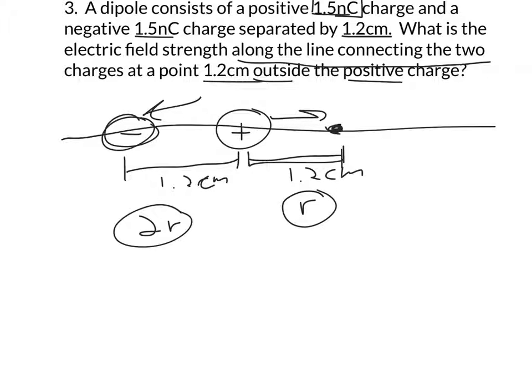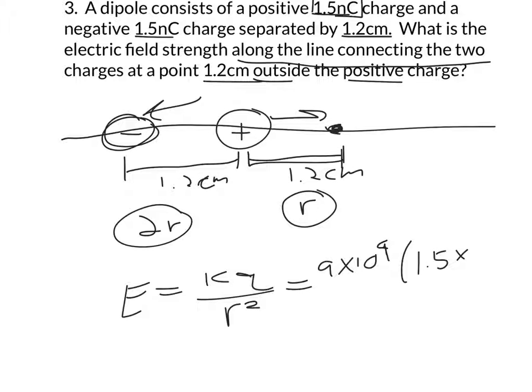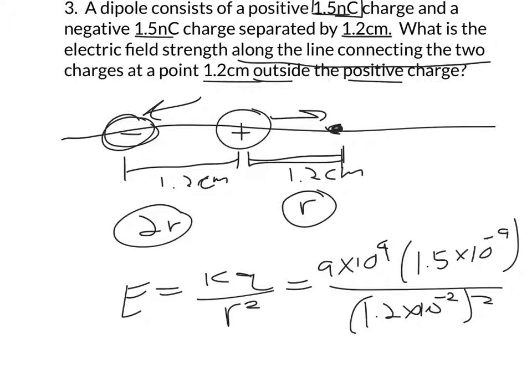I'm just going to calculate the positive charge's field and multiply it by 0.75, essentially. So again, electric field strength will be KQ over R squared. We know K is 9 times 10 to the 9th. Q in this case is 1.5 nanocoulombs, 1.5 times 10 to the minus 9, over R on the bottom, which is 1.2 centimeters, or 1.2 times 10 to the minus 2, and we're squaring that.